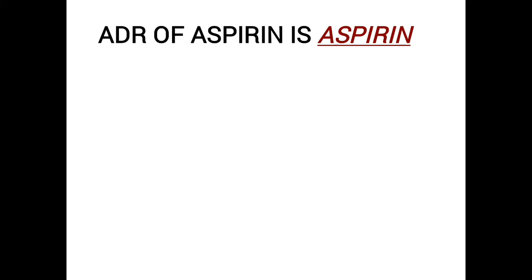Adverse drug reactions of aspirin. You just need to remember aspirin, ASPIRIN. The first letter A is for asthma. So the first adverse drug reaction of aspirin is asthma. As per the technique of mnemonics, I am using aspirin as a mnemonic. A for asthma.